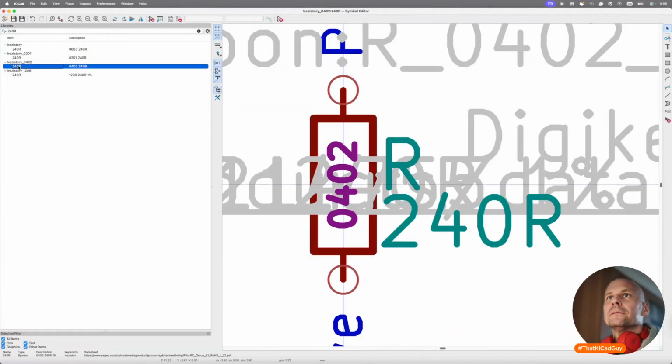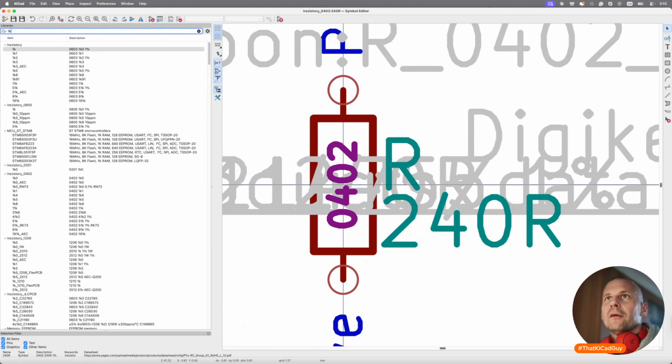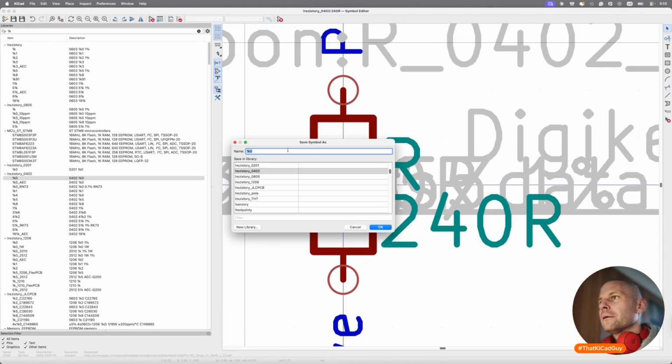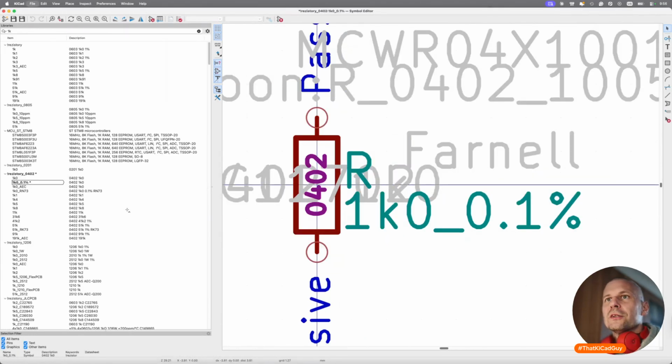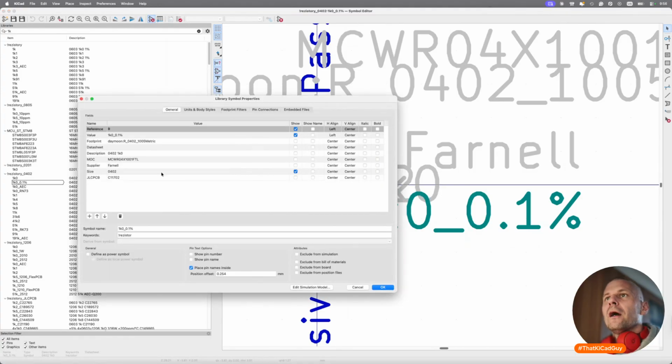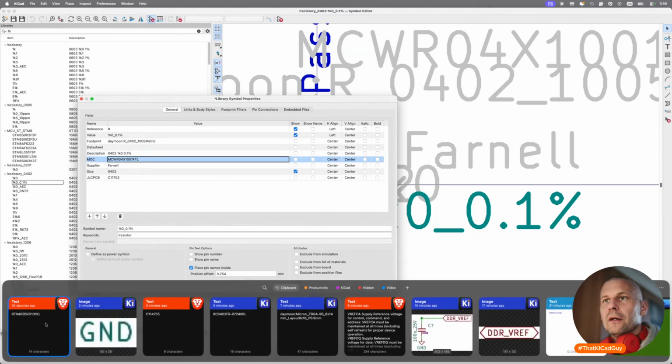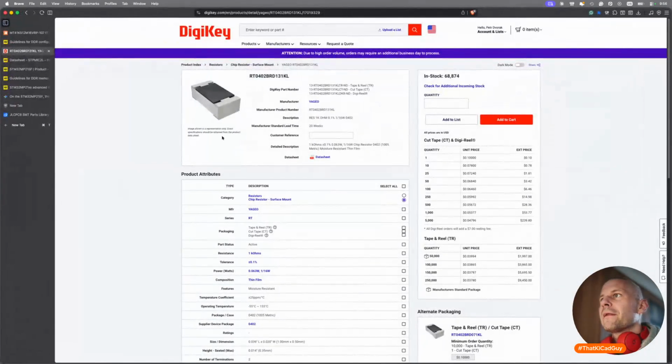So yeah, I will copy the 1K one because of slightly less customization, 0.3%. I have to change the name because it would be in conflict with the other one. Datasheet definitely will be added. 0.1%. Yeah, I forgot to copy everything.